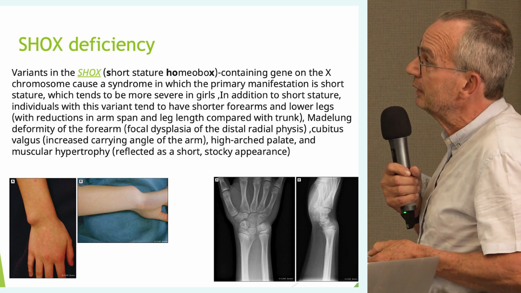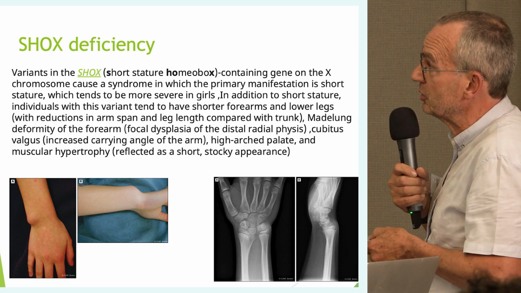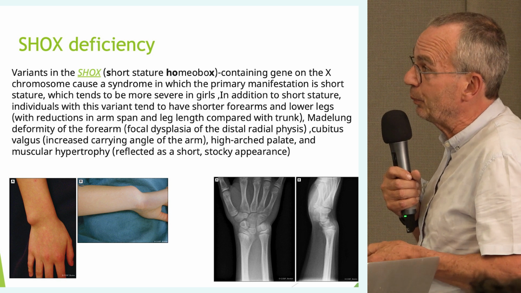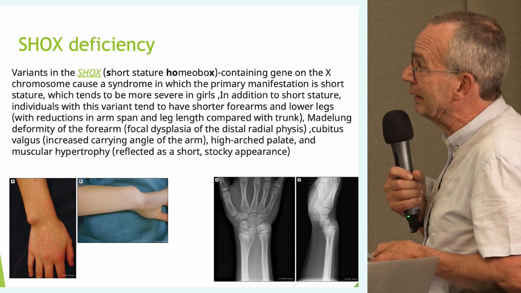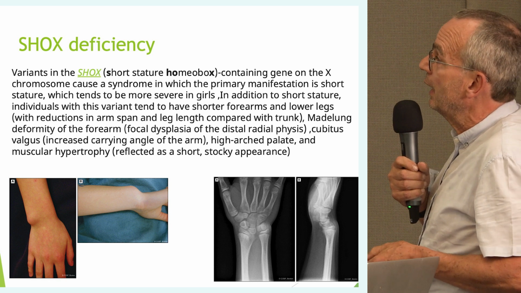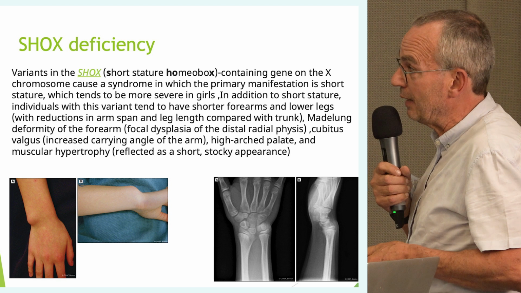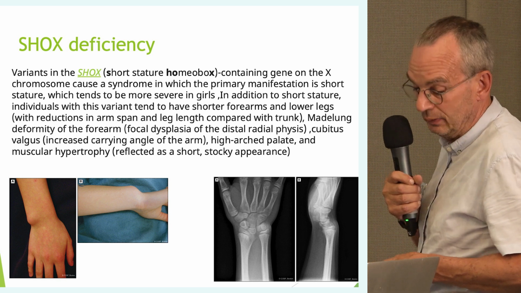In addition, they have shorter forearms and lower legs. So, as Daniel discussed, when you see the body proportions, these are children that you can pick up. They have what we call a Madelung deformity of the forearm, as you can see here, and also cubitus valgus. They have a high arched palate and muscular hypertrophy.